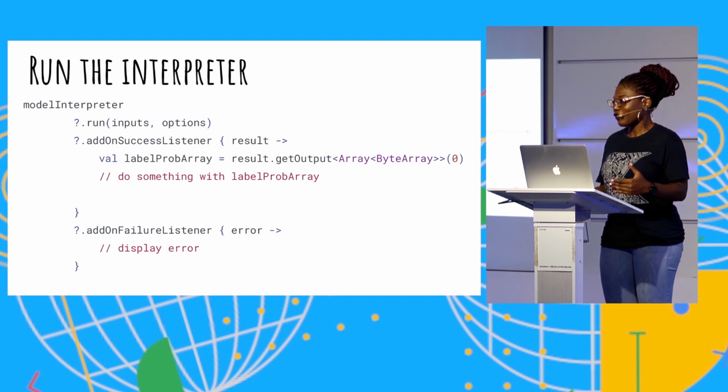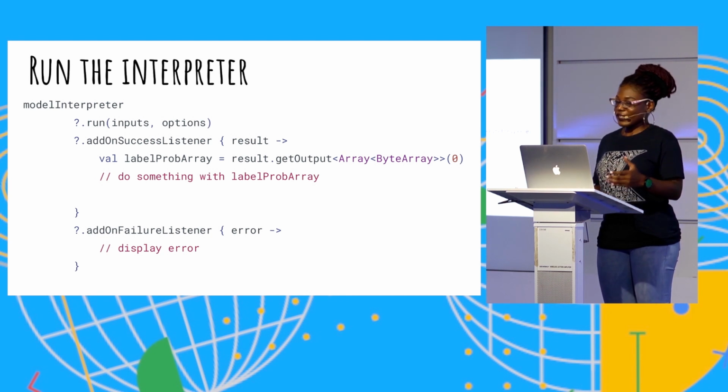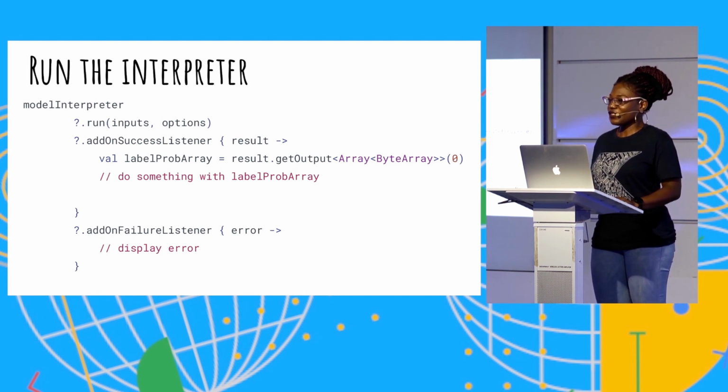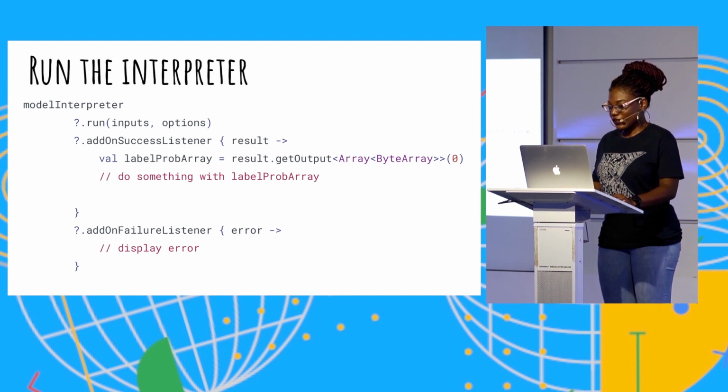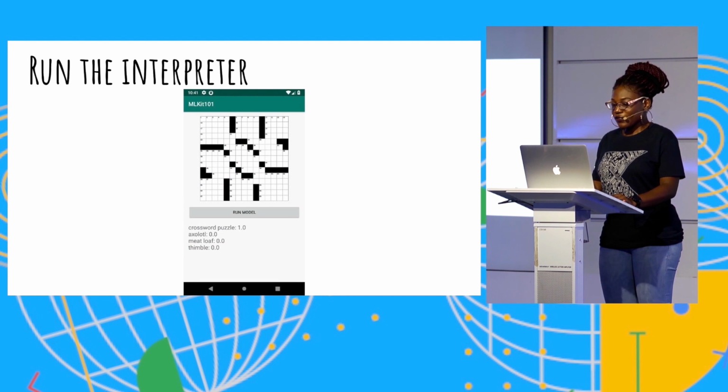So if you have a map of maybe cat and dog, you get a result of arrays, probably 0.4 and 0. If you get 0.4, that means it looks like there was something that resembled a cat in this picture, but I'm not really sure. And for the dog, if you get 0, it means that it doesn't feel there was a dog in that picture. So finally, we run the interpreter after setting all of that, and we get our result.